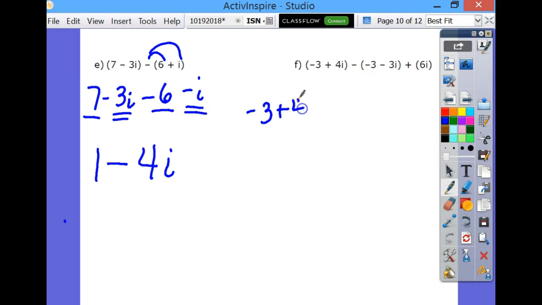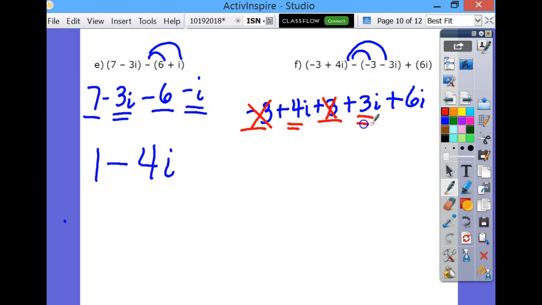If you have a subtraction problem, you distribute the negative and then you combine like terms. What happens when I combine those two like terms? A -3 and a +3 cancel each other out. So then I have these combined terms, and so the answer is 13i.